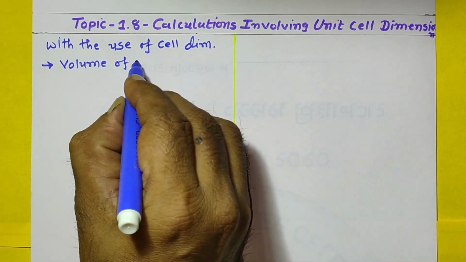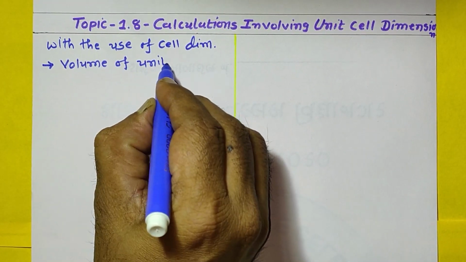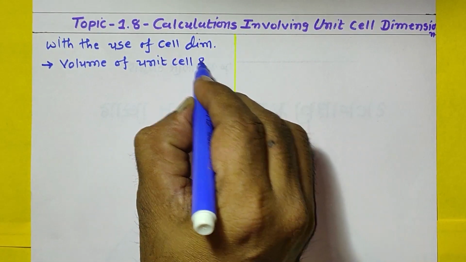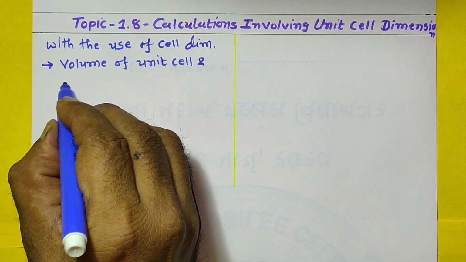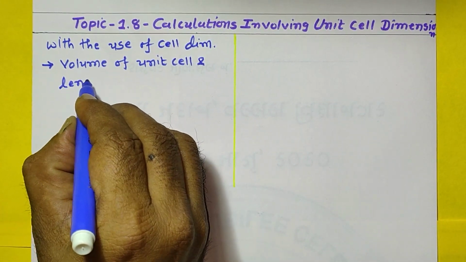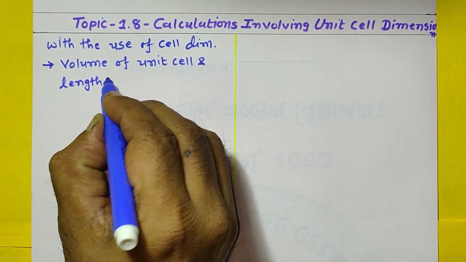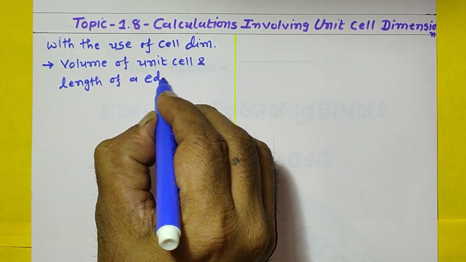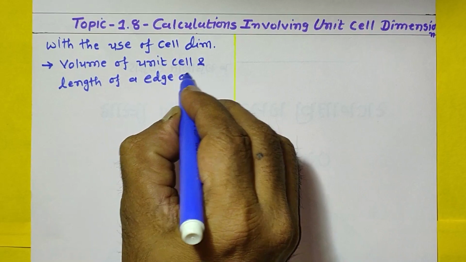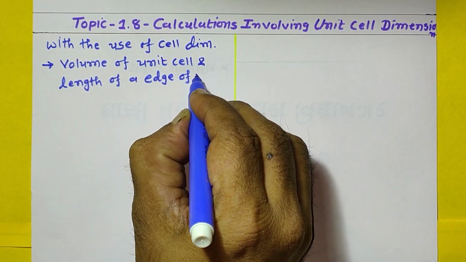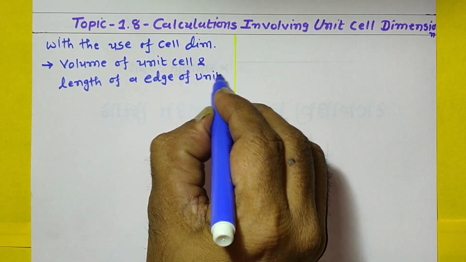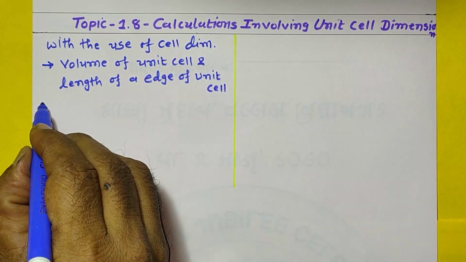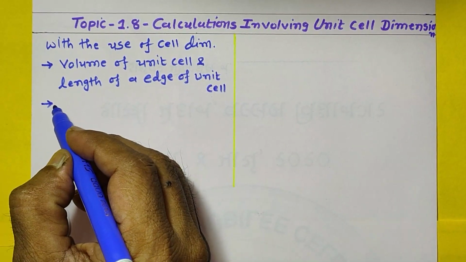Not only that, but also the length of an edge of a unit cell. This is our first outcome with the use of the dimensions.